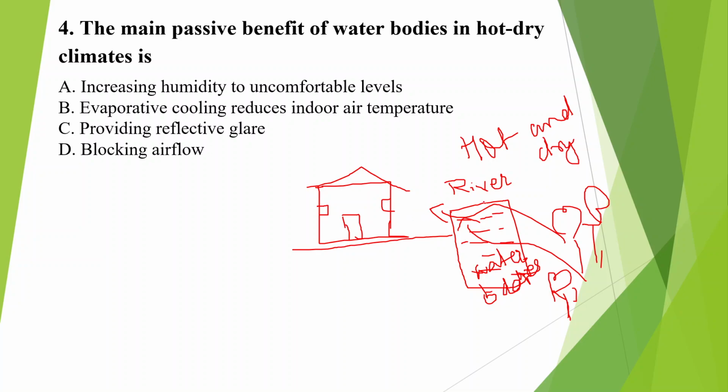So the air will be coming like this, and whenever the air comes, it will be evaporating the water of the water bodies, and it will be somehow wet air that will now be flowing.